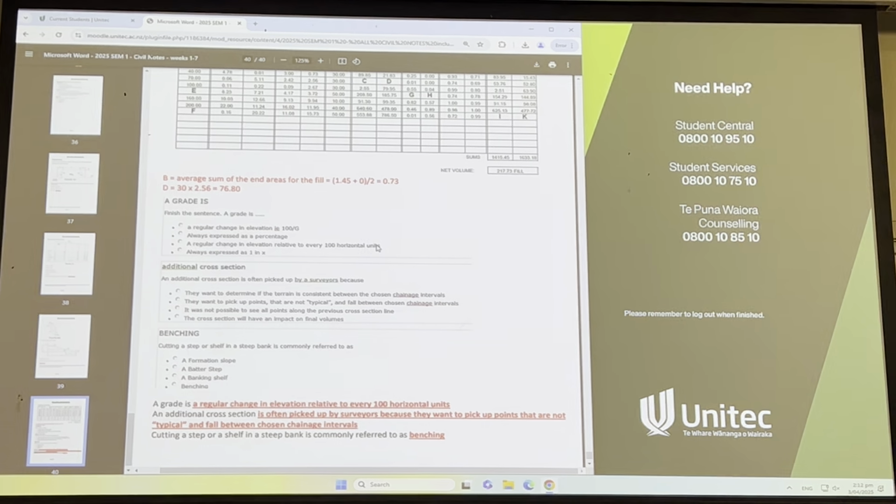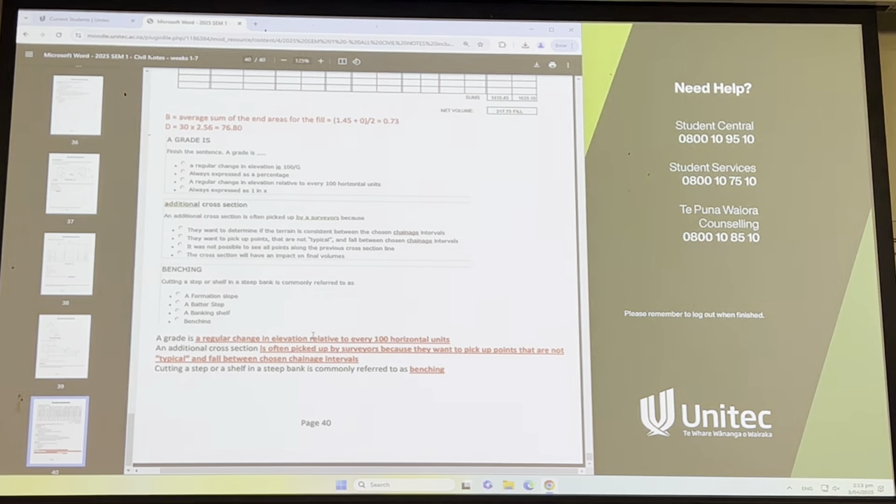So if there's a tree, or a retaining wall, or a big dip and a fall and a big hollow, or a big mountain of dirt, and it falls between cross sections, go back and do a cross section through that. Otherwise, you'll get a false representation of the earthworks. Okay?